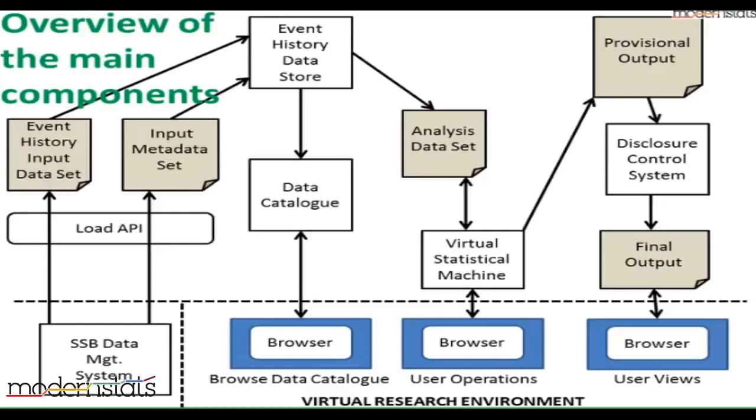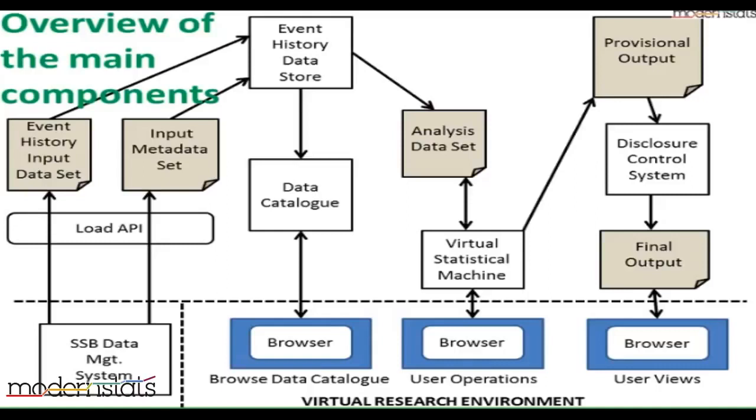Our researchers are sitting on the bottom right in the virtual research environment, where they will be using their browser to browse the data catalogue describing the data store. On the basis of this, they will extract an analysis data set, on which they will run a virtual statistical machine, providing a provisional output that they will not yet be able to see.